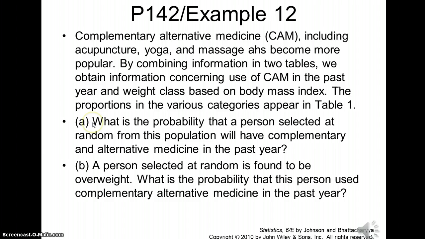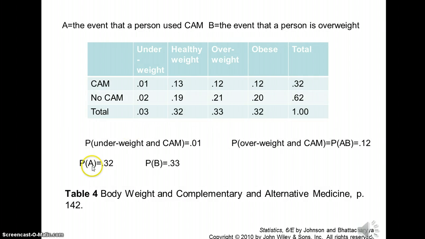So for part A, we know the answer is 0.32, because this person could be in any of these categories, so we're adding them up. A person who used the CAM is 0.32, 32%. But for the second question, since we already know this person selected is overweight, we have to look at this category.